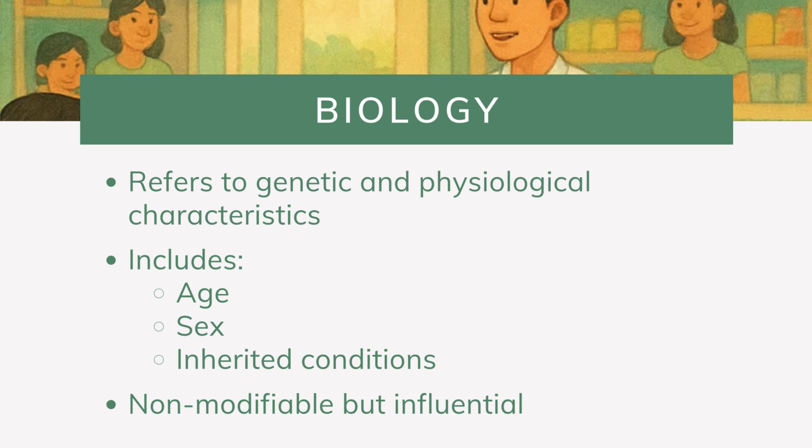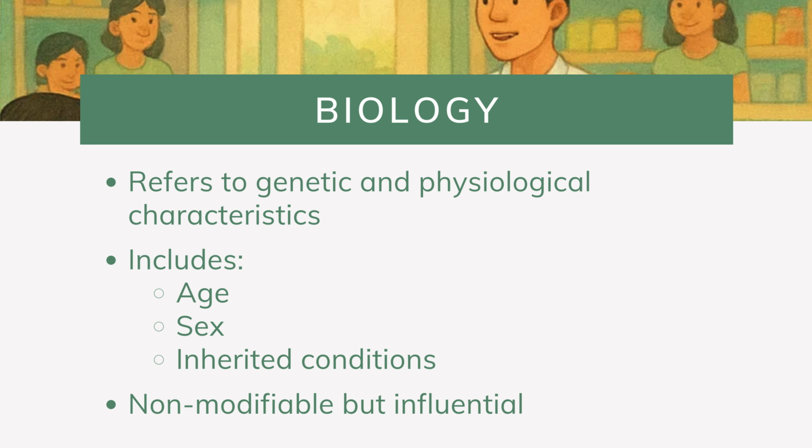Biological determinants are mostly considered non modifiable, meaning we cannot readily change them. You cannot choose your age, your sex, or your genetic traits, but they do have a significant influence on your health.